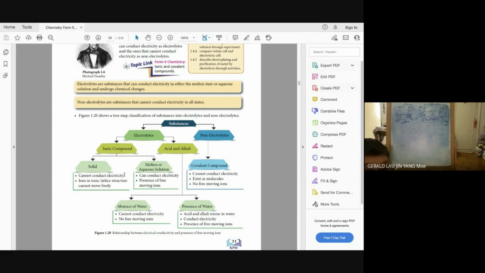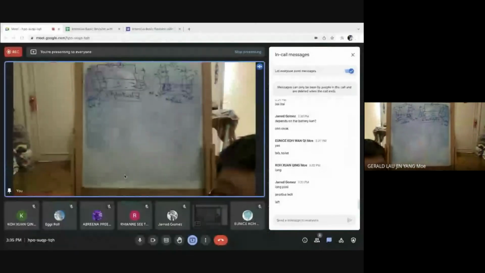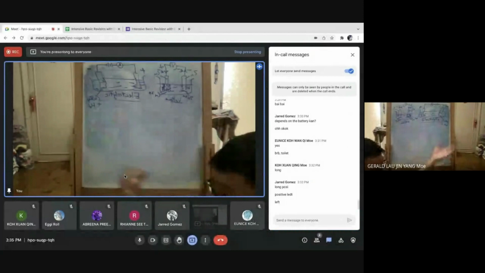Acid and alkali, you all also know already, chapter 6 from form 4. With the presence of water, you have to add water so it can ionize to produce hydrogen ion and hydroxide ion. Without water, acid and alkali are no use and cannot conduct electricity. Can you understand? This is just a callback, just your revision for form 4.